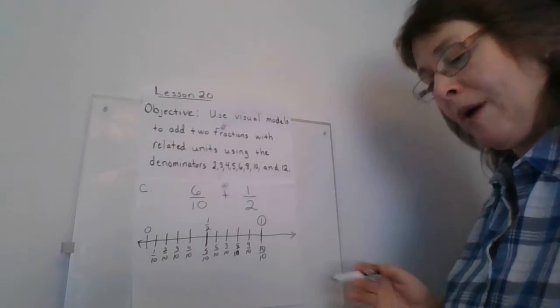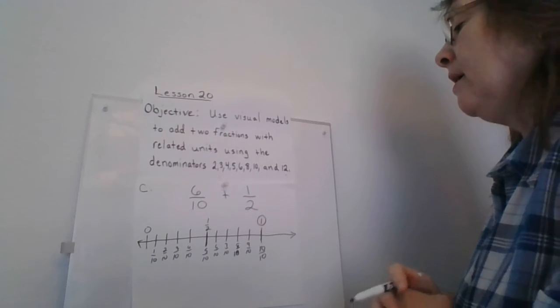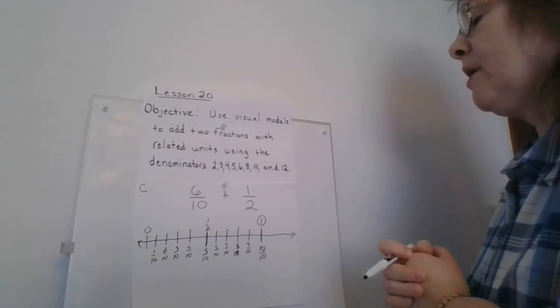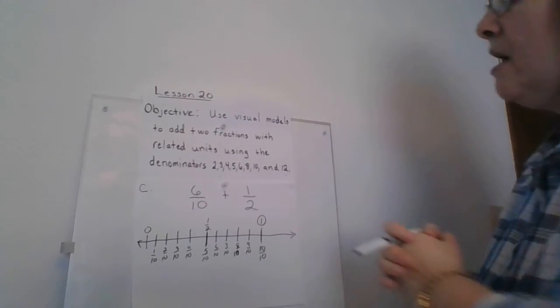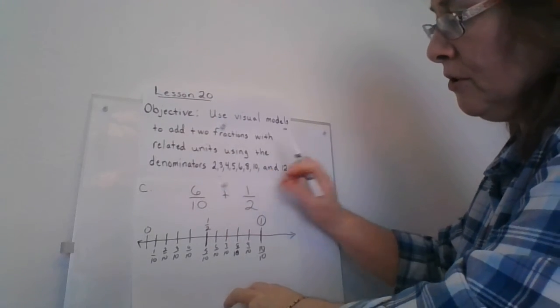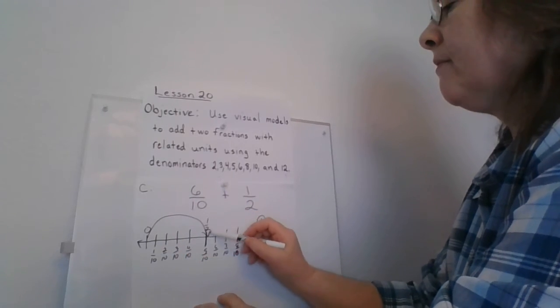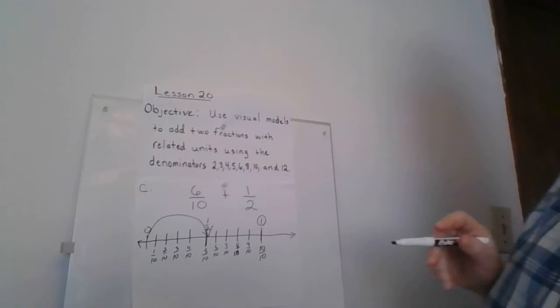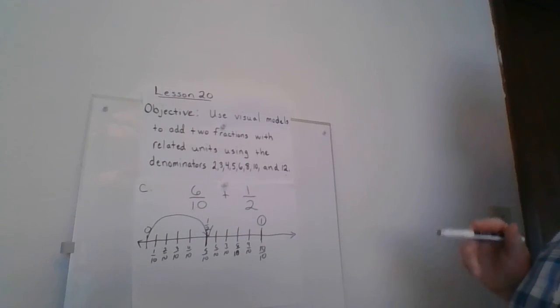And now I have to represent the two pieces being added. So the first part that I want to do is I'm going to start with my half. And I'm going to show you if I go from 0 to a half, that's my first leap.